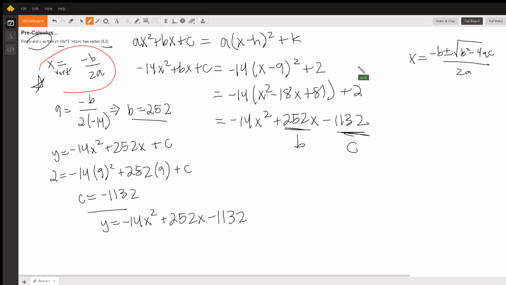So I know that the average of those two is going to be the sum of these divided by 2, right? Well, if I take the sum of the roots, then I get negative 2b over 2a, divided by 2 gives me the average, negative b over 2a. And that, of course, is the x-coordinate of your vertex. Anyways, here's your b's and your c's. Hopefully that makes good sense to you.